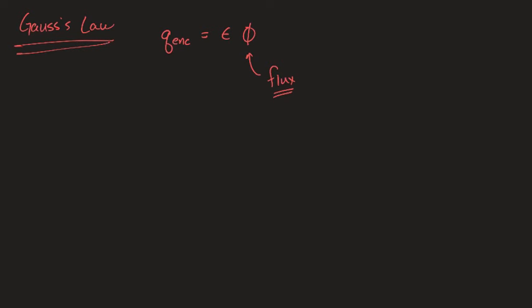Flux isn't the electric field. Flux is the sum of the electric field that passes through an area. Again, flux isn't the electric field. It is the sum of the electric field that passes through an area.